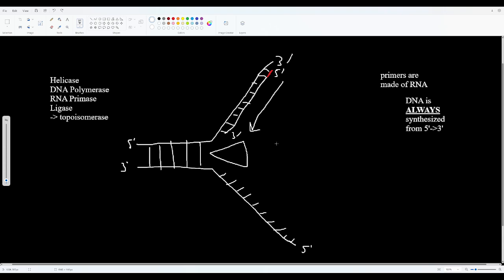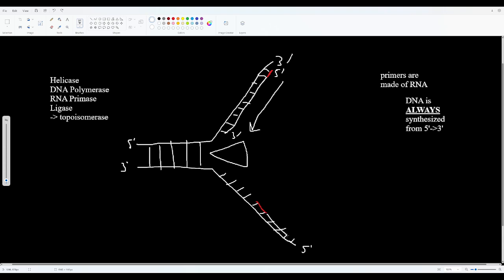So why do we call it a leading strand and a lagging strand? Because down here, the DNA is going to run the opposite way, kind of like this. What does that mean? It means that because we're moving the opposite direction, we have to have a primer. So remember the primase. We have to have a primer here, and then the DNA polymerase comes in, attaches here, and then it goes this way.